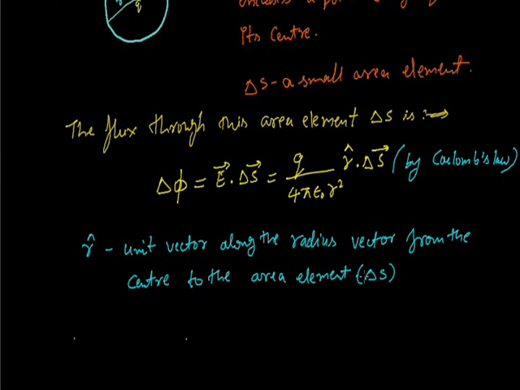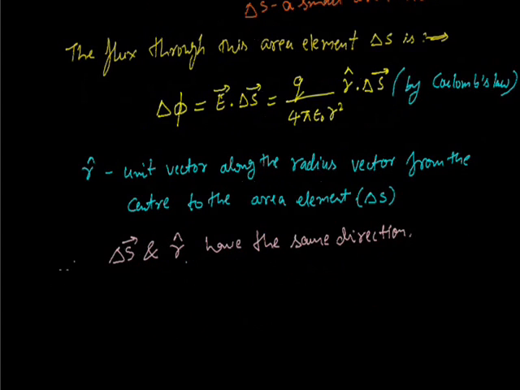Since the normal to a sphere at every point is along the radius vector at that point, the area element delta s vector and r cap have the same direction.